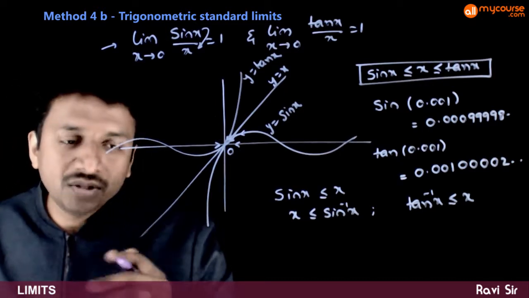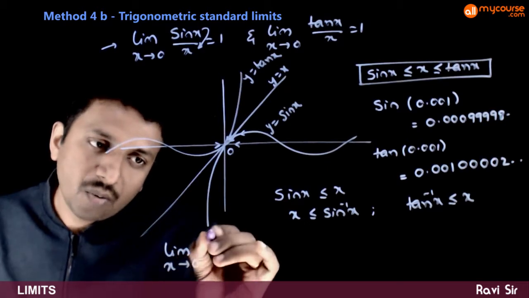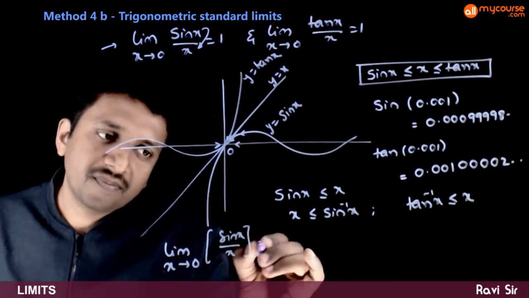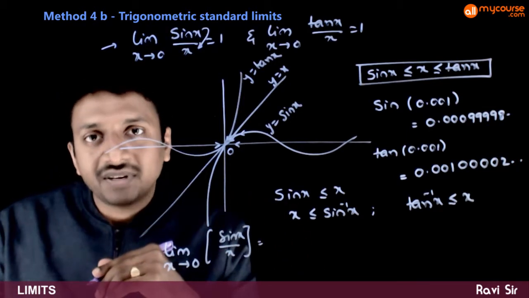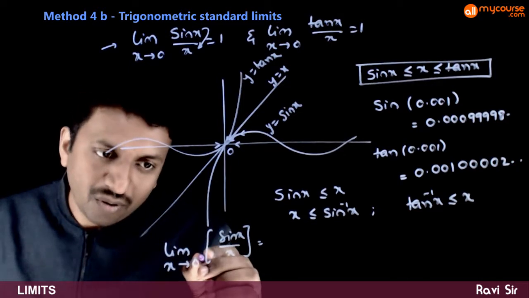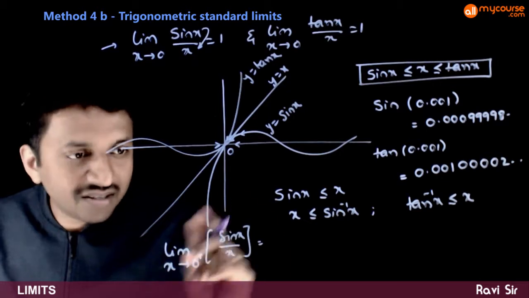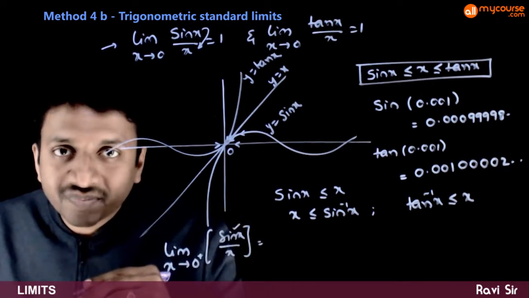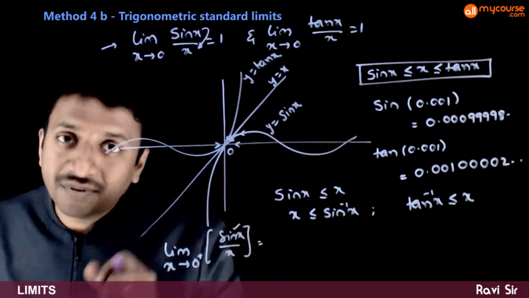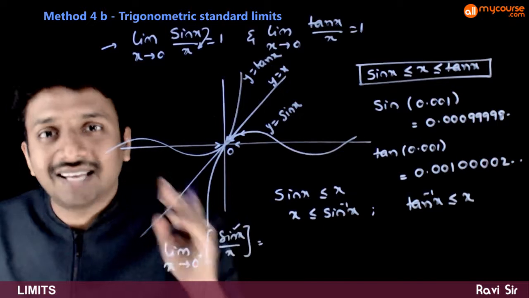This will be very useful in solving questions like this: limit x tends to 0, what is the integer part of sin x by x? Let us take 0 plus. As x tends to 0 plus, the value of sin x will be very close to the value of x, but slightly less than x.